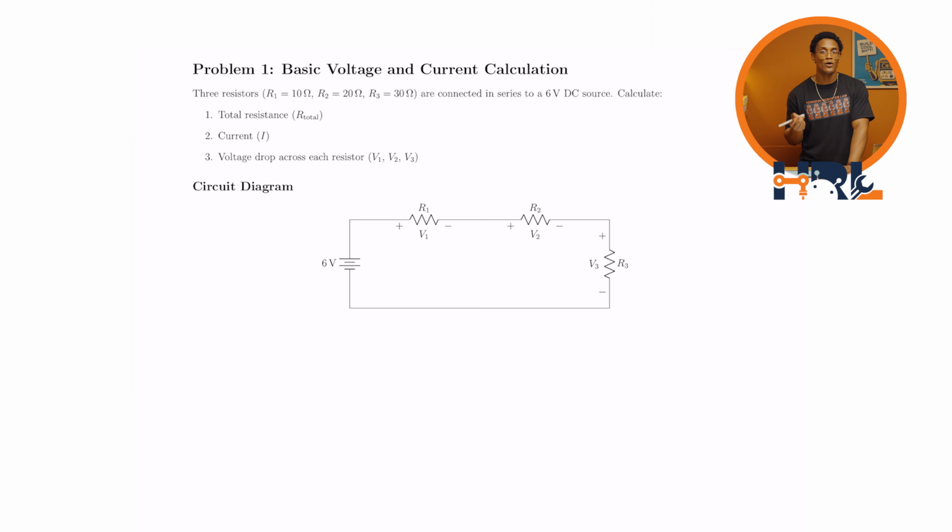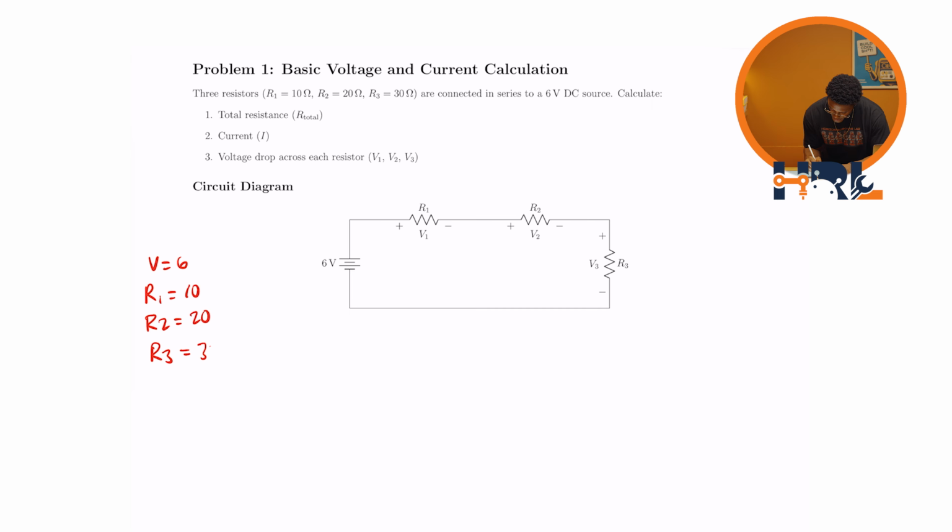So let's just write down what we're given first in each problem. So V is 6 volts, R1 is equal to 10 ohms, R2 is equal to 20, and R3 is equal to 30 ohms. There we go, just adding the ohms on each one. So when you have a series circuit, the total resistance is given by the sum of all resistors in series.